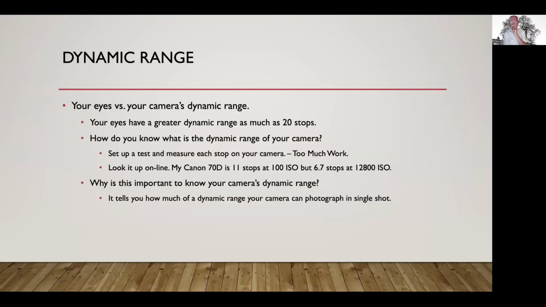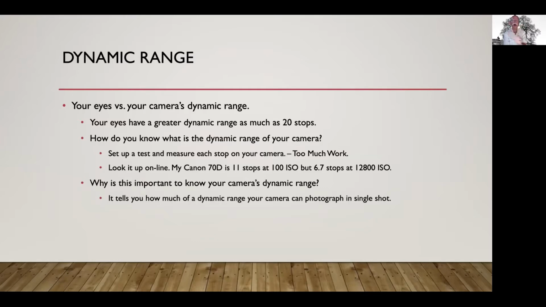Even the best cameras are not able to reach that level for that stop range. So what we want to do is know, what is the dynamic range of our camera? What tonal ranges do we have available to be able to do this? Well, I watched one video where it took him 30 minutes to go through and test his camera using various tonal sets of the zone range. And frankly, by the time I got done, I said, that's too much work. So I said, okay, there's got to be an easier way to do this.